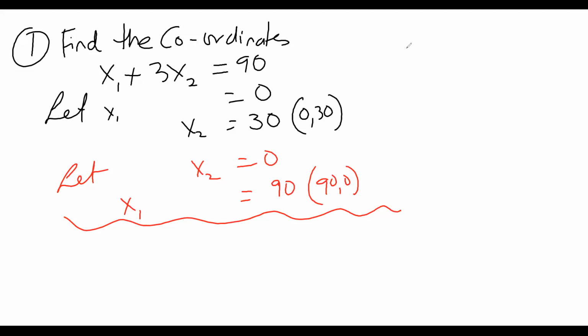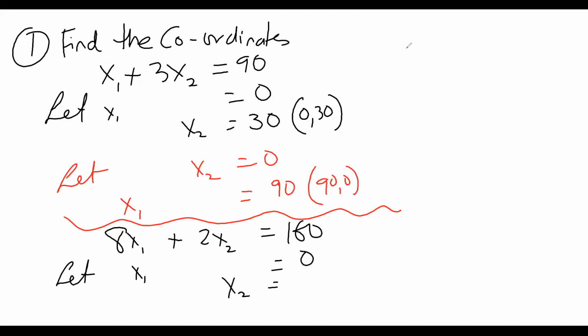So you take up your next equation now, which is 8x1 plus 2x2, and that's equal to 160. Again, you say let x1 equal 0. So you have your x2 equals 80. So your first coordinate is 0, 80.